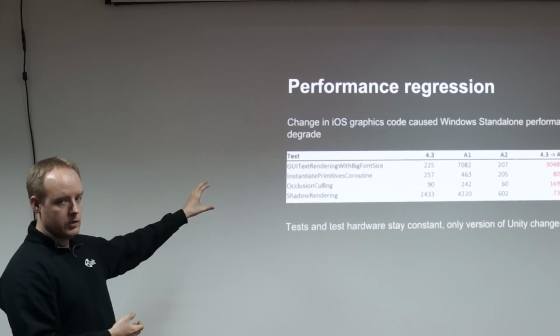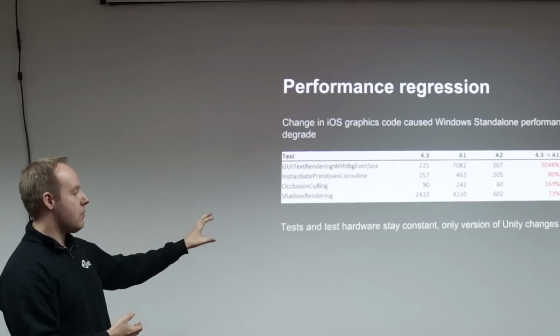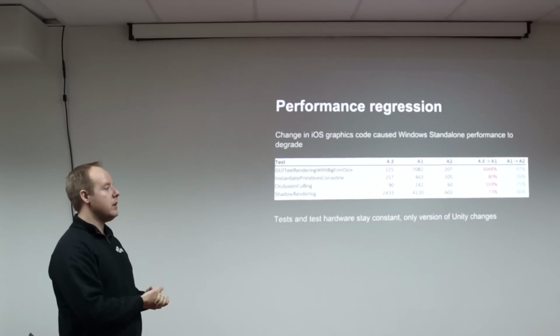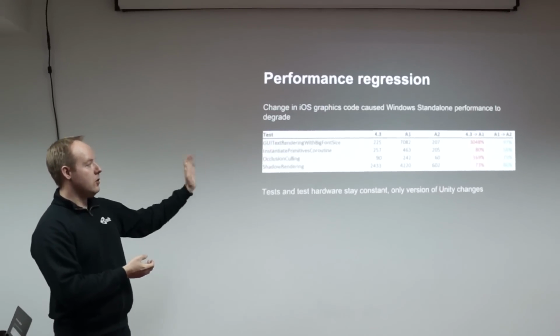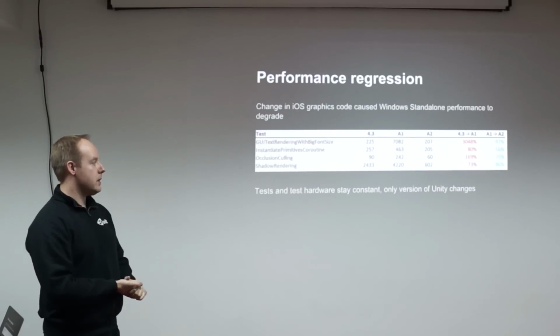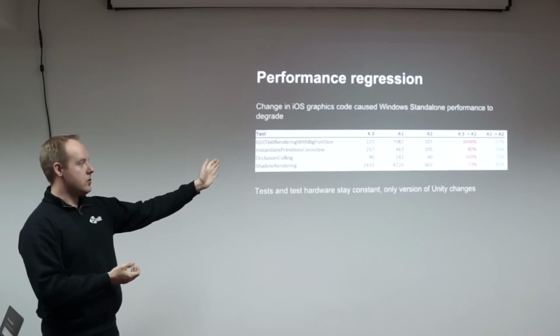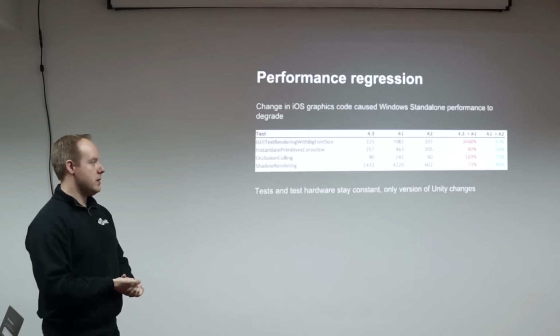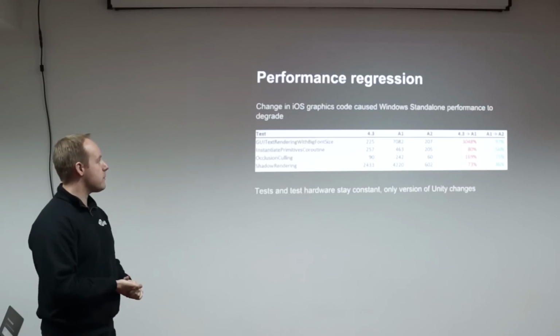The tests are the same, and also the hardware and the software that we use to run the tests, like the operating system, are the same. The only thing that changes is the version of Unity that we use. And then we can make sure that if we see a change in the data, this is caused by some changes in Unity.